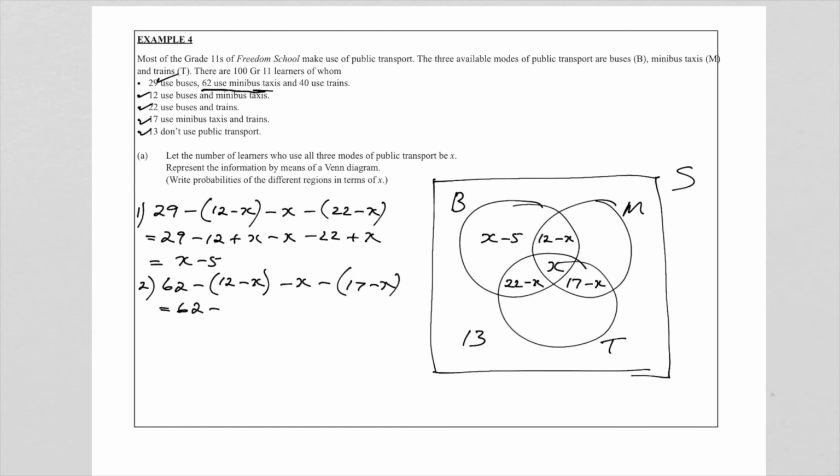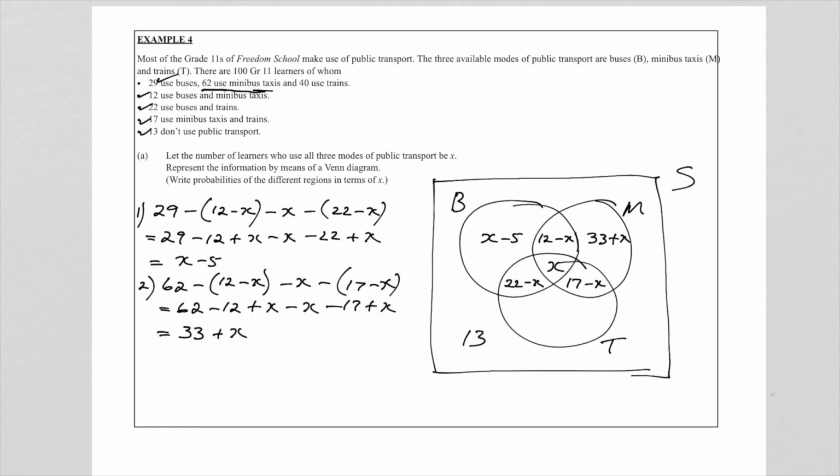We can now remove all the brackets and then simplify to get our answer, which is 33 plus x when you simplify all of that. So that 33 plus x will go right here. That is where we will write that down.